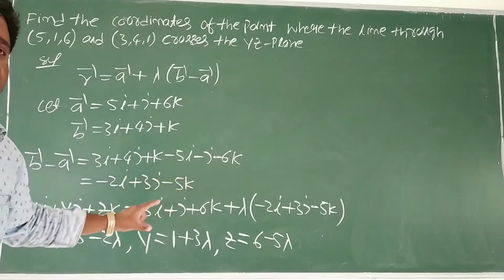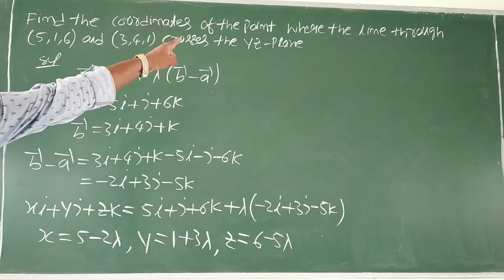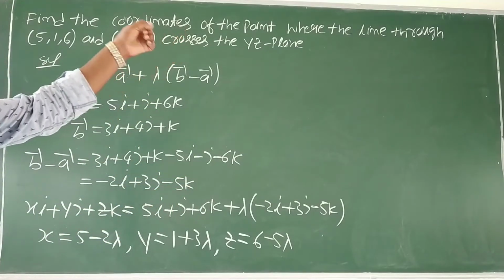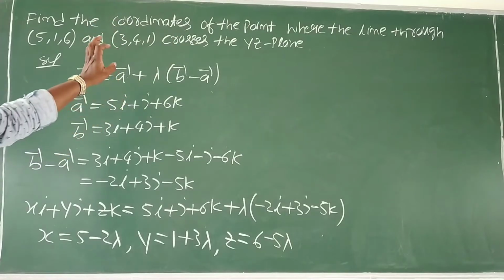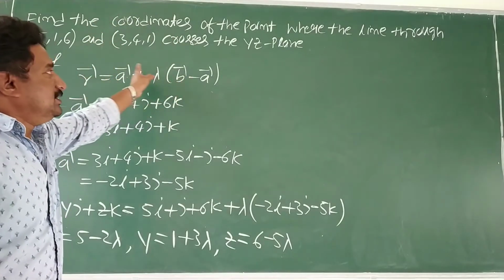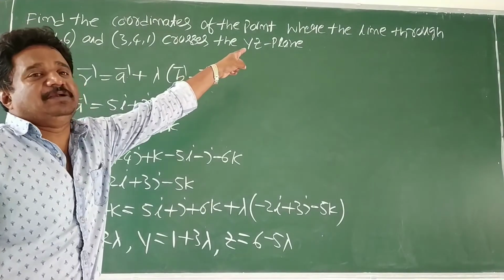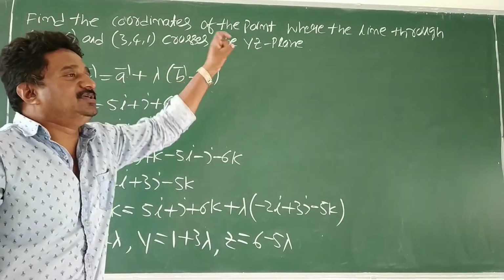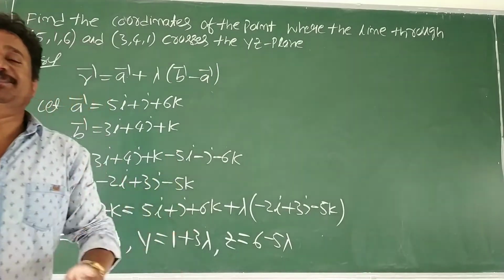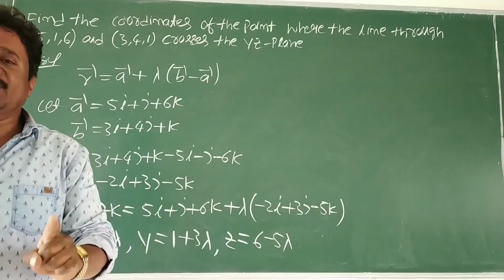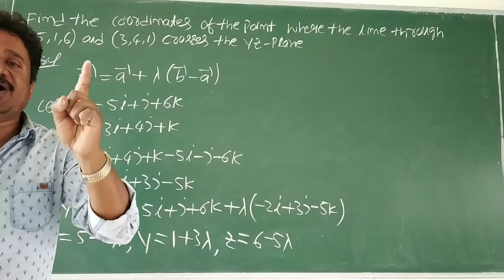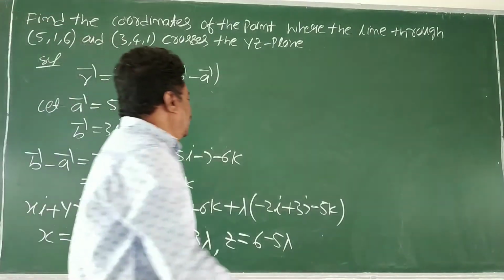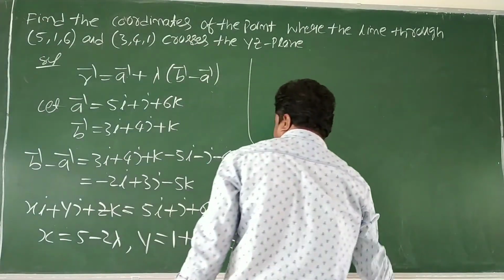To find out lambda value, one more information is given in the question. What is that information, students? This line cuts YZ plane. Since this line is cutting YZ plane, on YZ plane x value becomes 0. So you go for that.